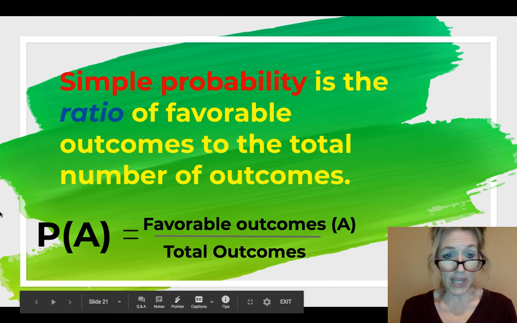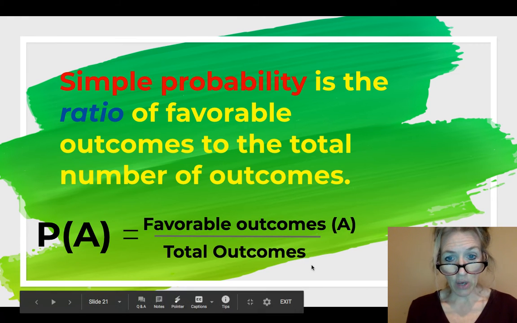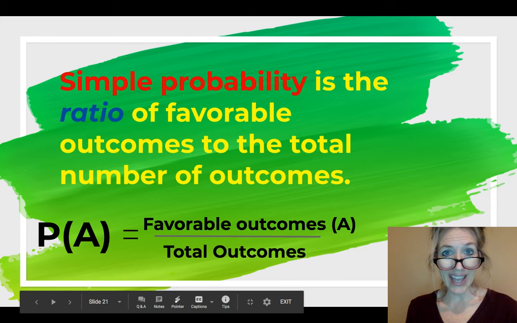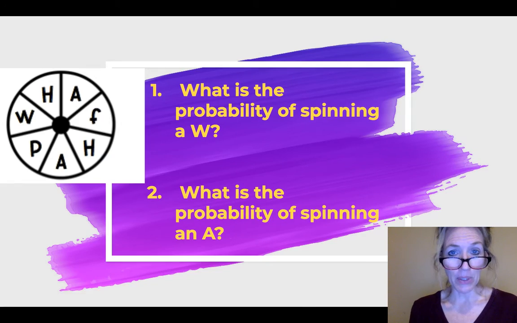This is how we note probability. We put a capital P and then in parentheses what that thing is that we're calculating the probability of. So let's write this down in your notes. If you need to pause it, go ahead and do so at this time. Take down those notes and then follow with me on to our examples.